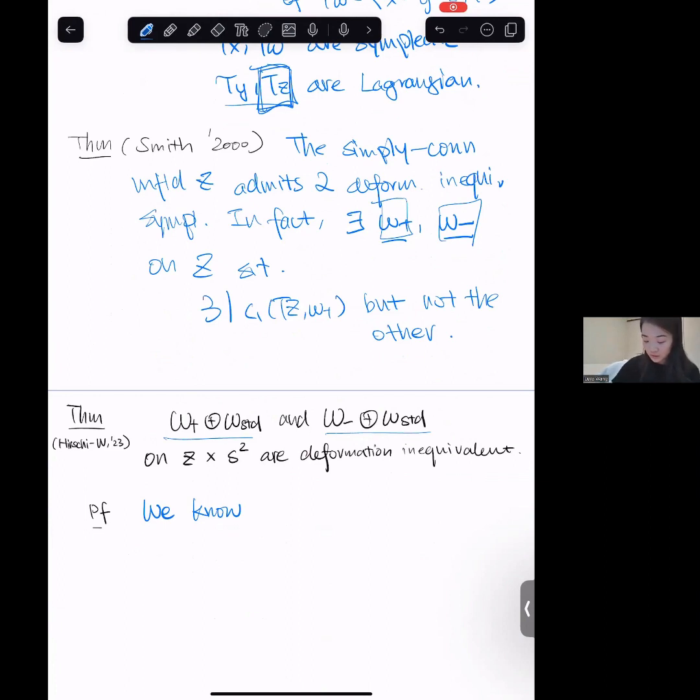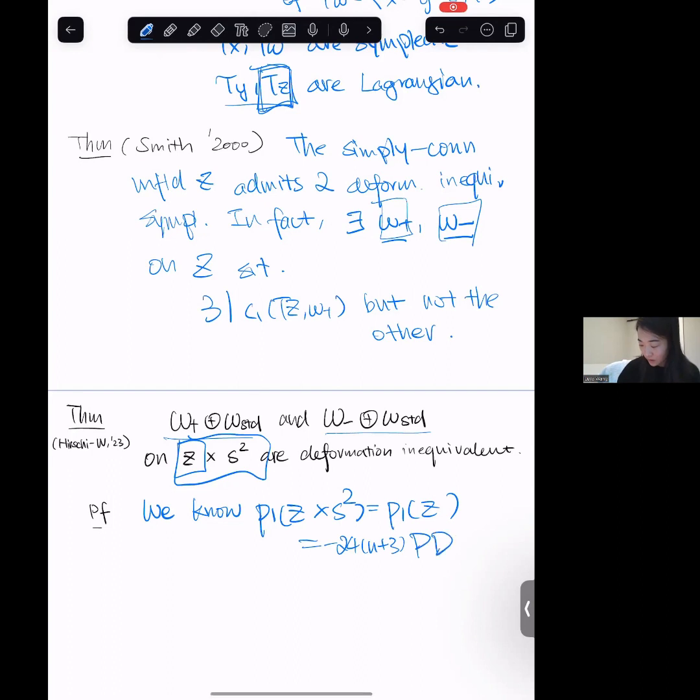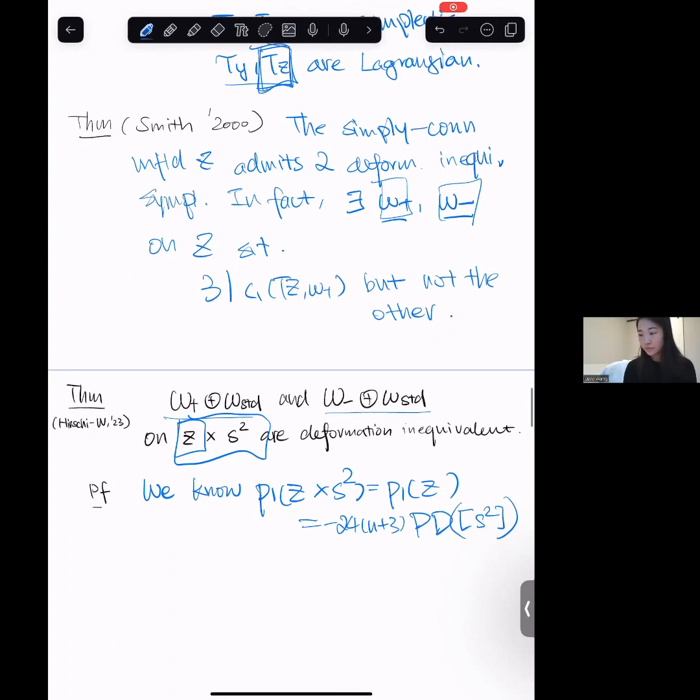This is using some information on the manifold Z so that we can study all diffeomorphisms on Z cross S2. We know the first Pontryagin class P1 of Z, and the important thing is that this is non-trivial, and it's a Poincare dual of my S2.